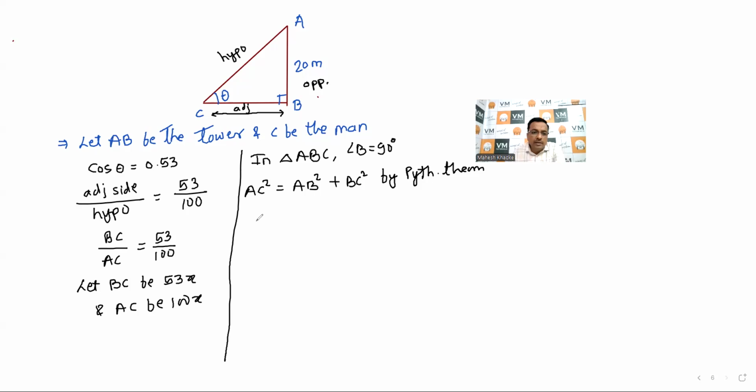So AC that one is 100, 100x whole bracket square, AB that one is 20 square and BC that one is 53 square. Okay. Now कुछ तो इस सब में गड़बड़ हो गया लगता है मुझे. This is the sixth one, ना?